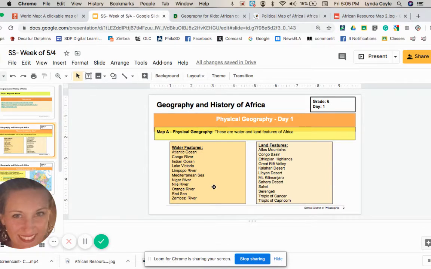And some of the land features, they have the mountains there, the Atlas Mountains, the Congo Basin, Ethiopian Highlands, the Great Rift Valley, the Kalahari Desert, Libyan Desert, Mount Kilimanjaro, Sahara Desert, Sahel. I haven't heard of that one yet, but I'm going to actually look that one up. The Serengeti, Tropic of Cancer, and the Tropic of Capricorn.